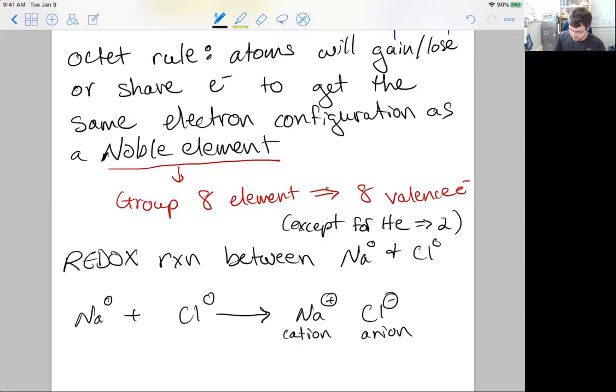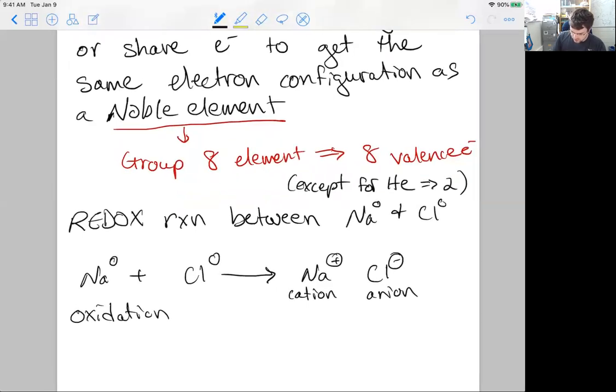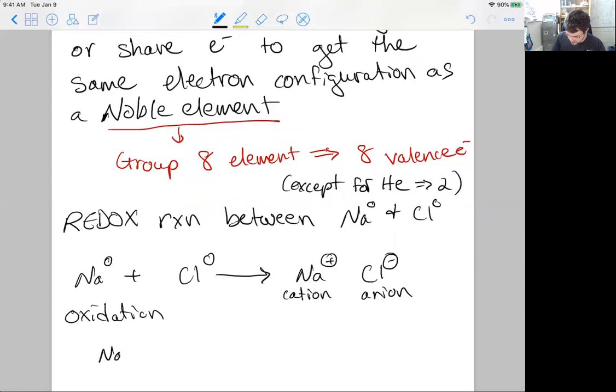As a bit of review, we have a few redox half reactions. Sodium goes from Na0 to Na+ plus 1 electron. It has lost an electron.